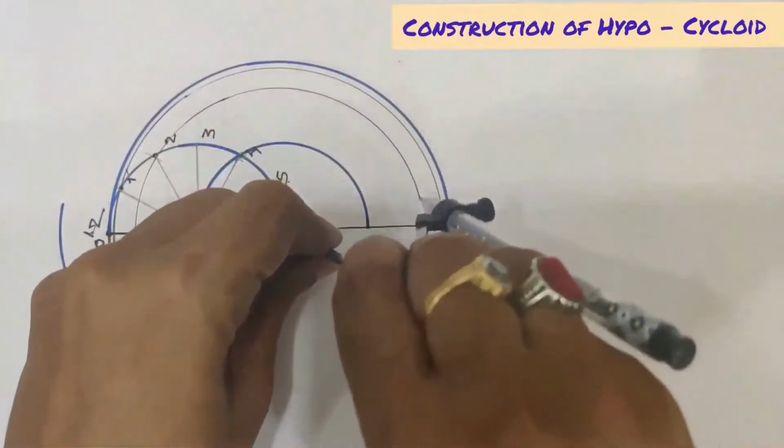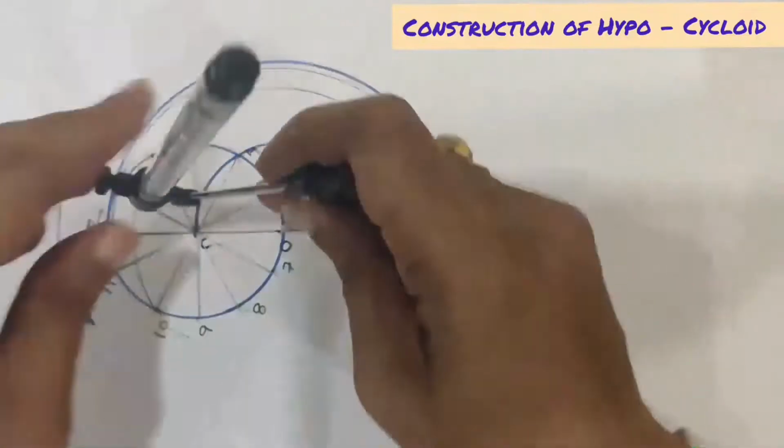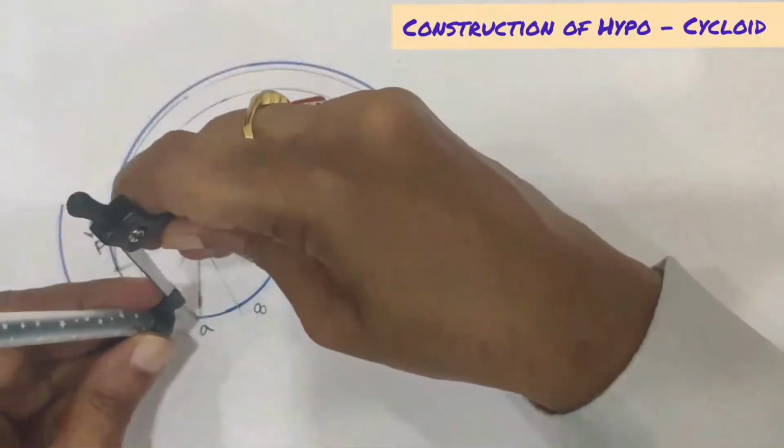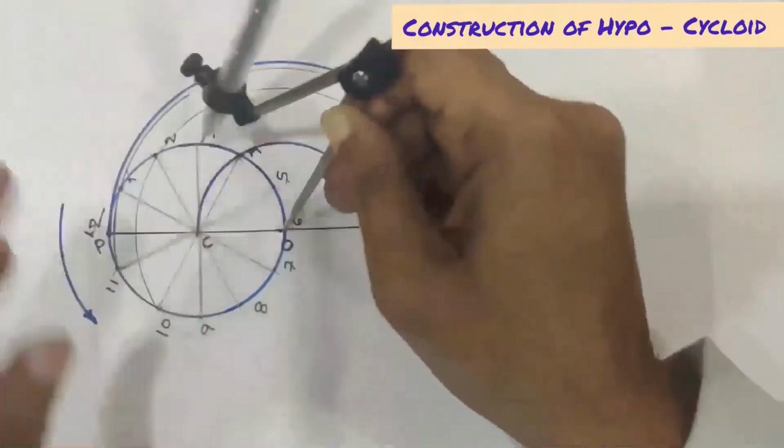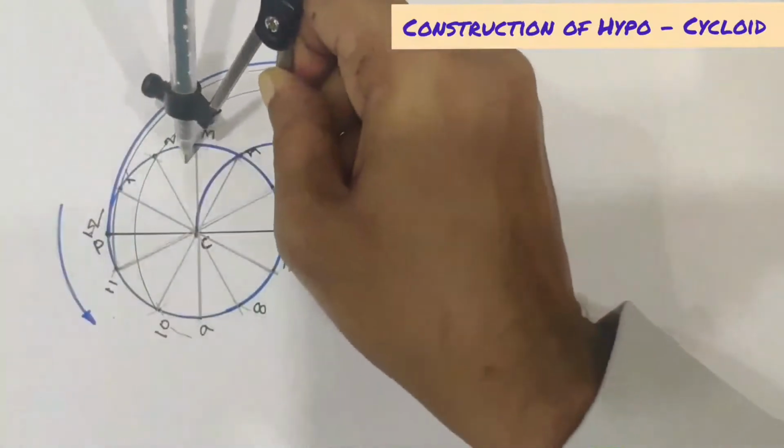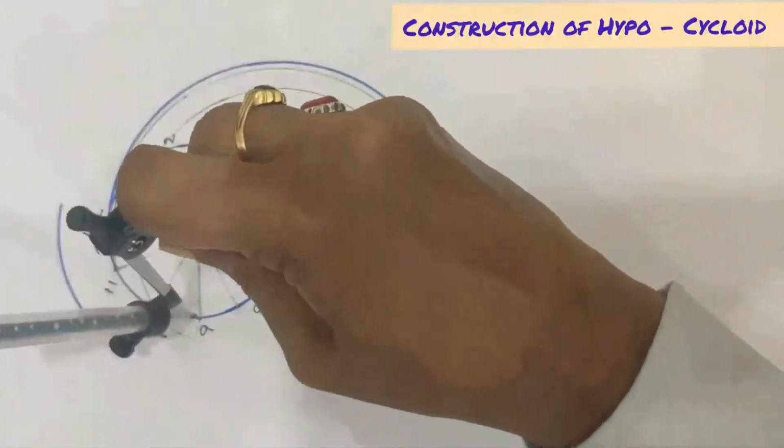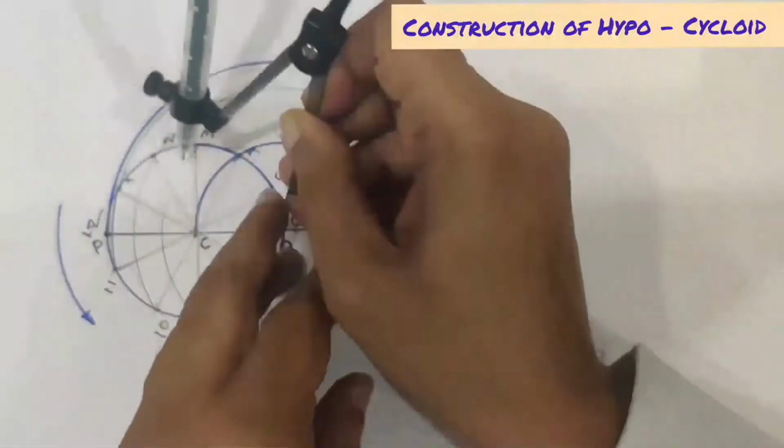Draw an arc parallel to directing arc. Next, O9 and O3 as radius.